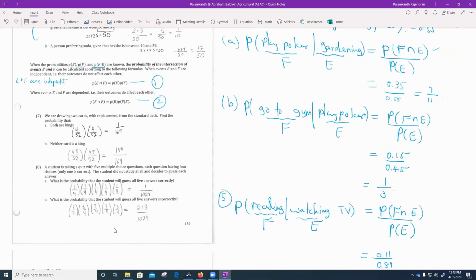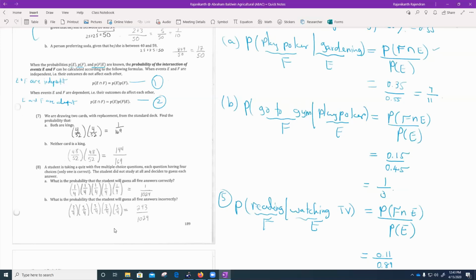The second formula, again for intersection events, is true when E and F are dependent events. So we have two cases. You have to read the problem carefully and identify which formula is supposed to be used.